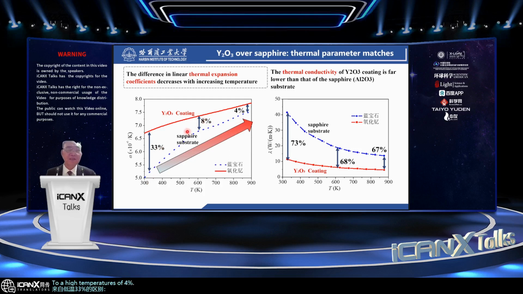That means when the temperature goes higher, their thermal coefficients meet up, which is very good. Now, take a look at this change of cutoff wavelengths. For the sapphire, when temperature increases, there's a drastic reduction. But for the coating, there is almost no reduction. So the difference is also reducing, which is very good.